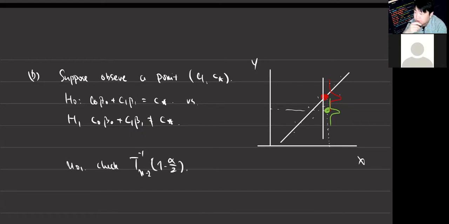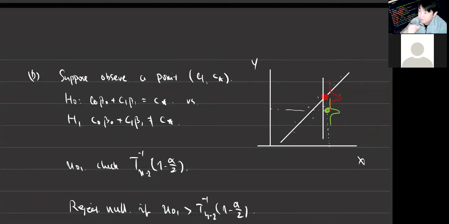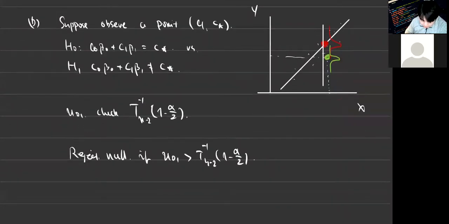Once that's done, you can say reject null if u01 is greater than this critical value. All right, so that's going to be your part B.